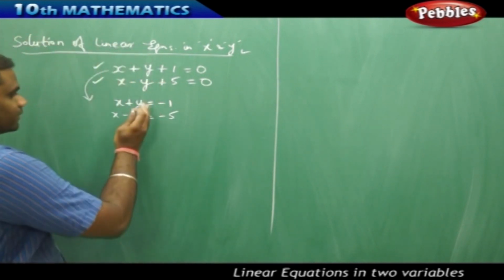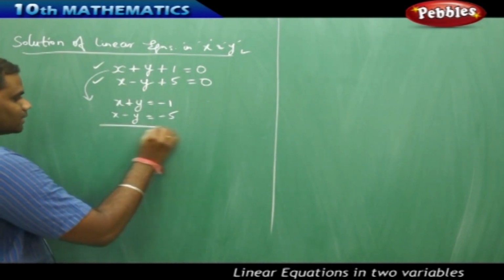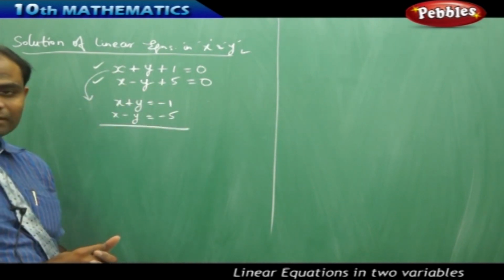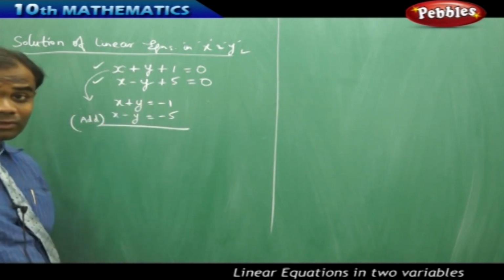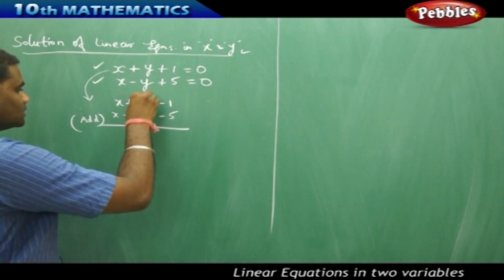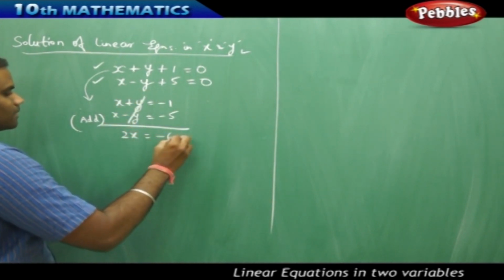So once I arrange all the constants on the right side and all the unknowns on the left, I try to either add or subtract. We have learned about this in the lower classes. So when we add, the y terms get cancelled and I get x plus x is 2x equals minus 6.